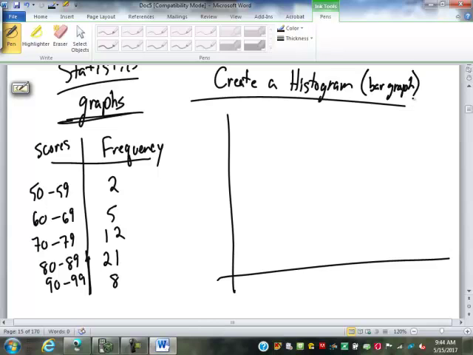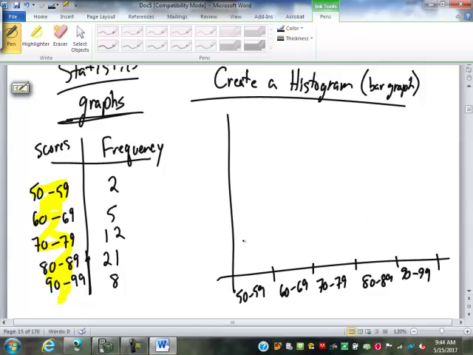The difference is a bar graph has categorical data, has labels over here instead of ranges and numbers. If these are ranges over here, then it's called a histogram. So on bottom here, this will be 50 to 59, 60 to 69, 70 to 79, 80 to 89, 90 to 99. We're just going to pretend nobody got a perfect score, which nobody did, I don't think.